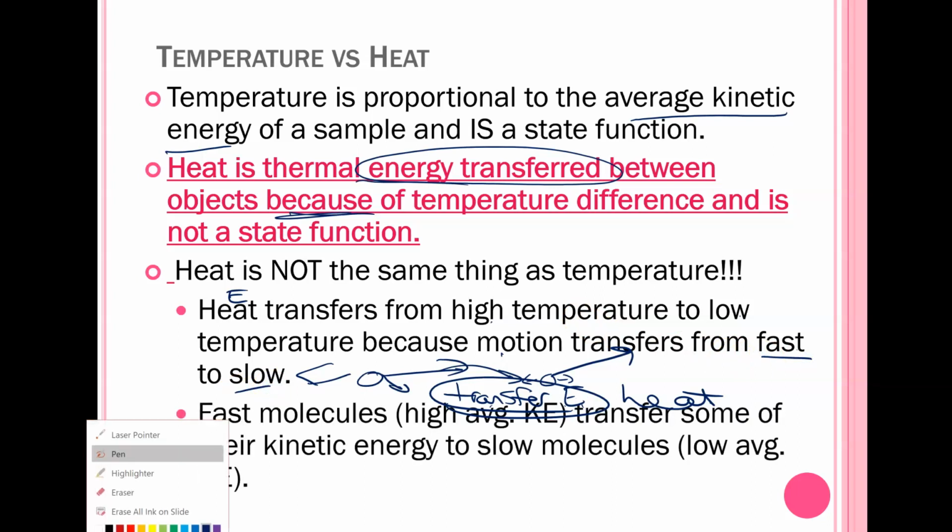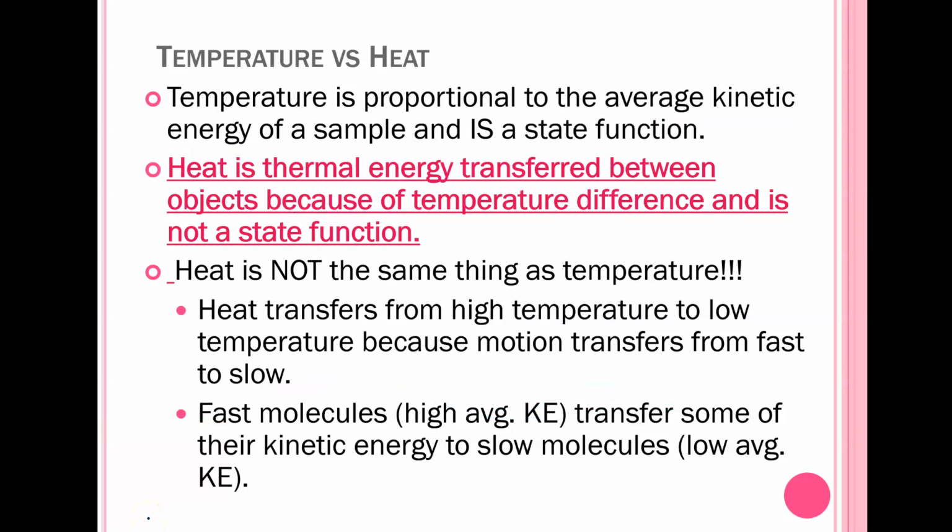Okay, let me erase this stuff on here. So fast molecules have a high average kinetic energy. They're moving very quickly, and they transfer some of their kinetic energy to the slow molecules, which have a very low average kinetic energy. And what happens is the fast molecules slow down, and the slow molecules speed up.